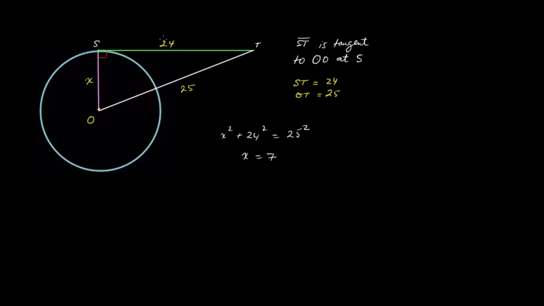That is, you have to know some basic Pythagorean triples that form right triangles. The Pythagorean triplets, if you remember, are these: 3, 4, 5, that forms a right triangle; 5, 12, 13; 7, 24, 25; 8, 15, and 17.